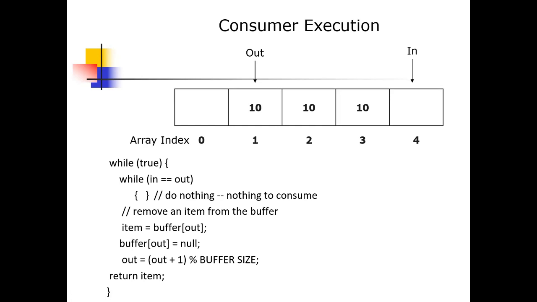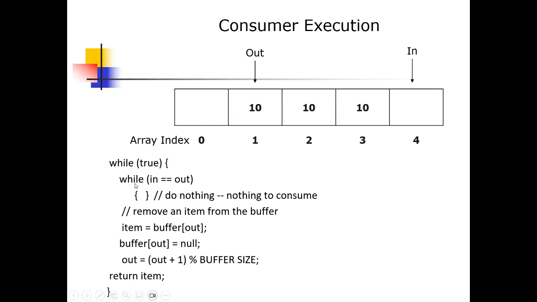So what happens when you run this again? Run the consumer again. So what are the values of in and out? Yeah. So in value is 4, out is 1.